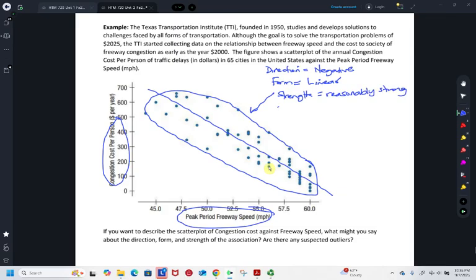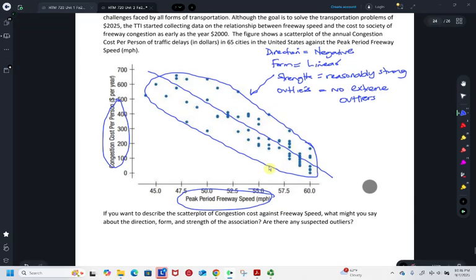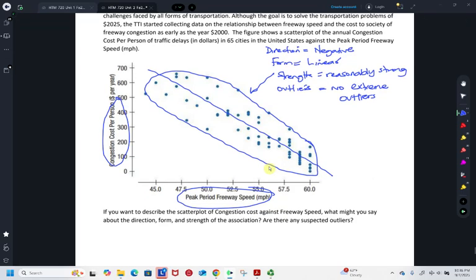Then lastly, do we have outliers or not? I would say no extreme outliers here. That can be subjective though, but for me, I do not see an extreme outlier here. So I would say the relationship between congestion cost per person and peak period freeway speed appears to be a negative linear relationship that is reasonably strong, and there were no extreme outliers observed.